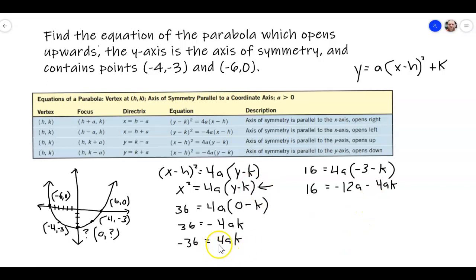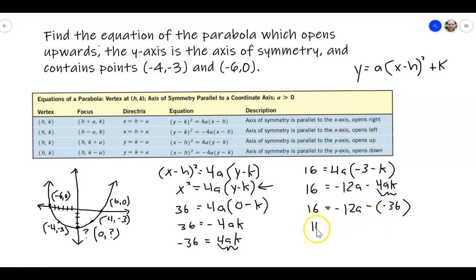So this 4ak is on both sides, and we know that 4ak is equal to -36, so I can just put in my equation here, 16 is equal to -12a minus that, minus a -36. Be careful about your pluses and minuses.